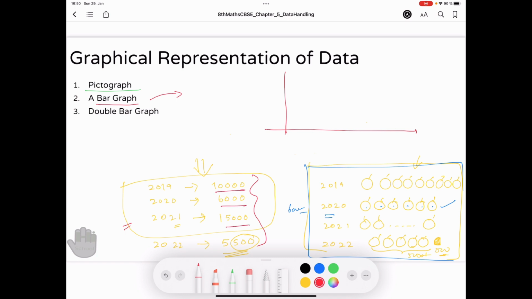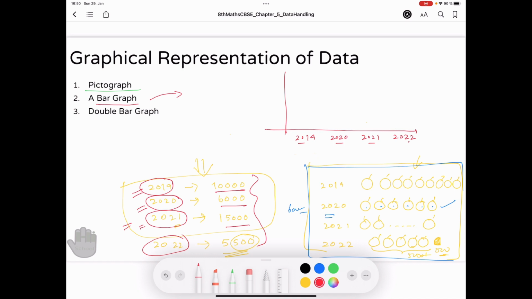These numbers are the yield of oranges in a given farm in 2019, 2020, 2021. So these are year wise categories. 2019 is a category, 2020 is a category, 2021 a category, 2022 a category like this. So these are categories.